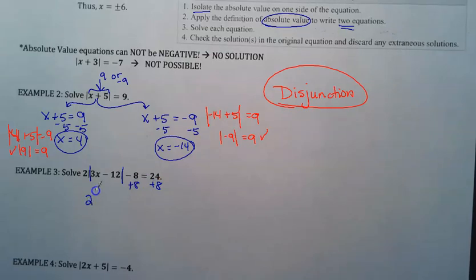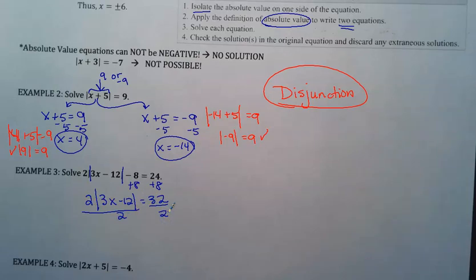So then we have 2 times the absolute value quantity of 3x minus 12 equals 32. Then we need to get rid of this 2, so we're going to divide by 2. And that'll leave us with that isolated absolute value. So we'll have the absolute value of the quantity 3x minus 12 equals 16.